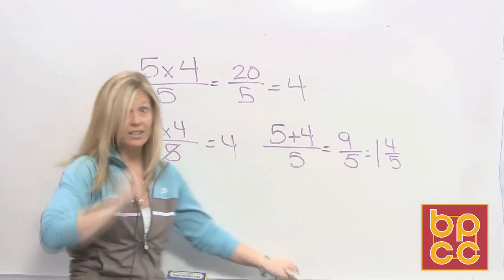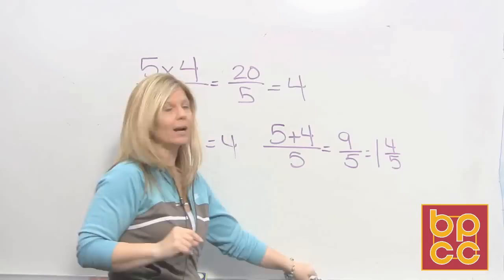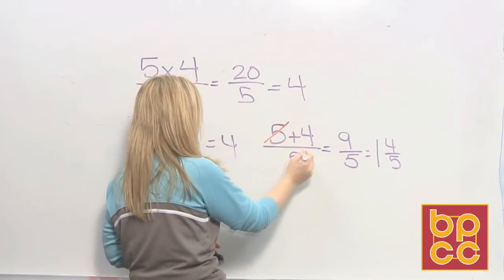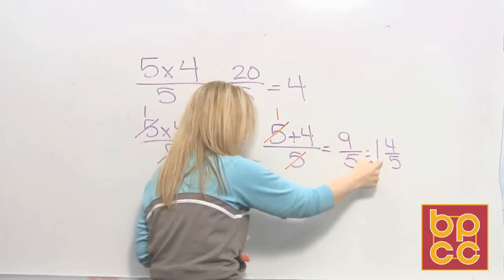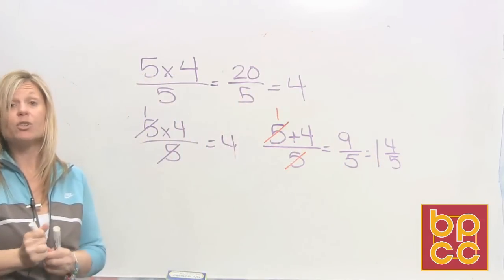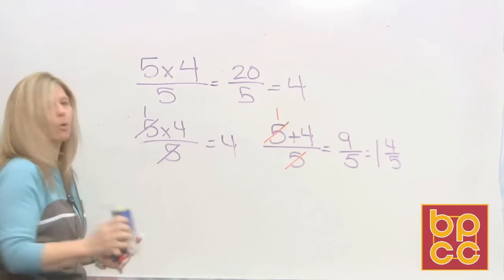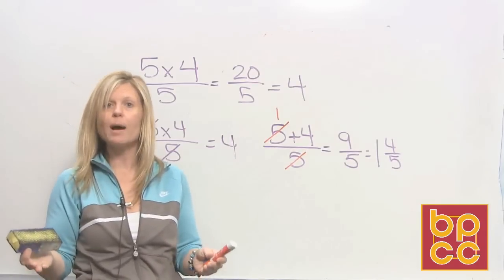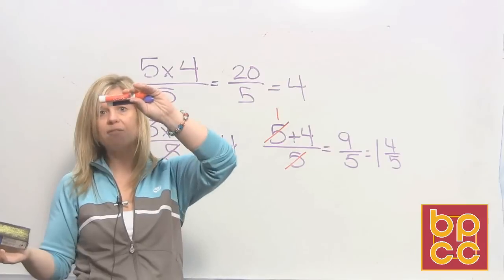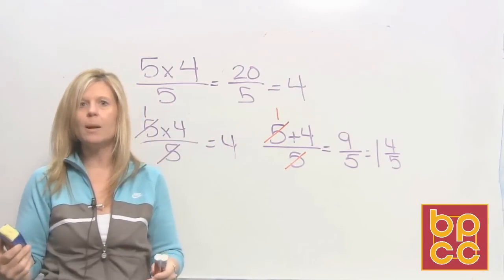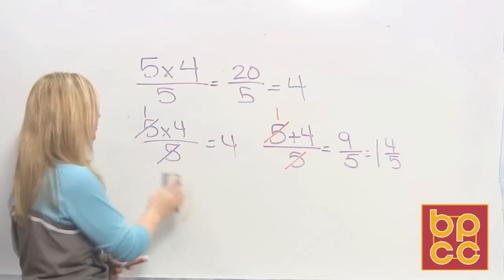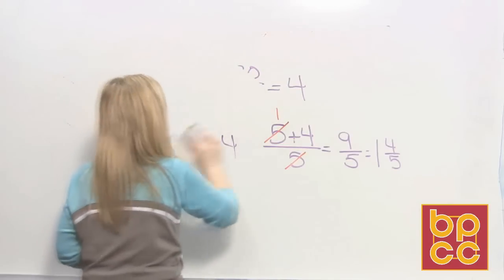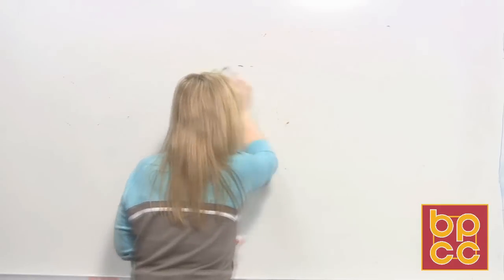If you tried to divide first, you would get the wrong answer. So if you tried to divide first and said 5 divided by 5 is 1, 1 plus 4 would not give you the 9/5. So it's very important in today's lesson that you understand. We're going to be talking about fractions. Fractions have the division bar. Division means you can only do it if you're connected by multiplication. Knowing that, let's step this up now.